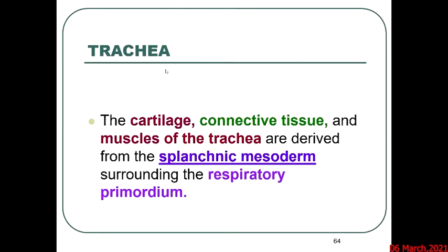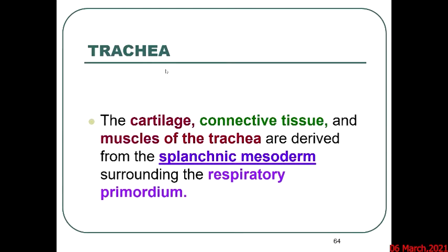If there is a question in the exam to mention the developmental source of the trachea, then the lining epithelium and the glands are derived from the endoderm of the yolk sac or from the foregut, and the foregut is derived from the yolk sac, and the other layers like the cartilages, the muscles and the connective tissue come from splanchnic mesoderm. So this is a formula, you won't go wrong, just remember this.